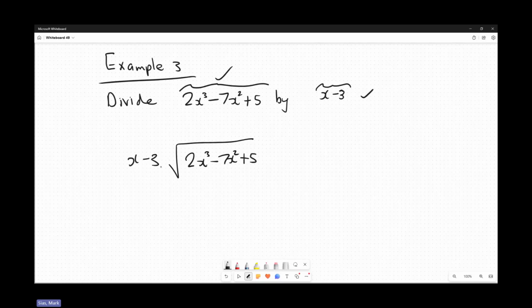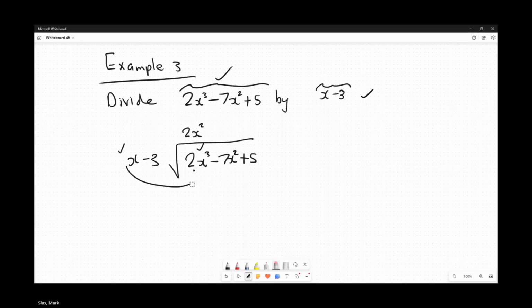I'm looking at my highest power here, it's x, and my highest power here is x cubed. So I'm asking, how many times does x divide into 2x cubed? Well, 2x squared times, because x times x squared is x cubed.